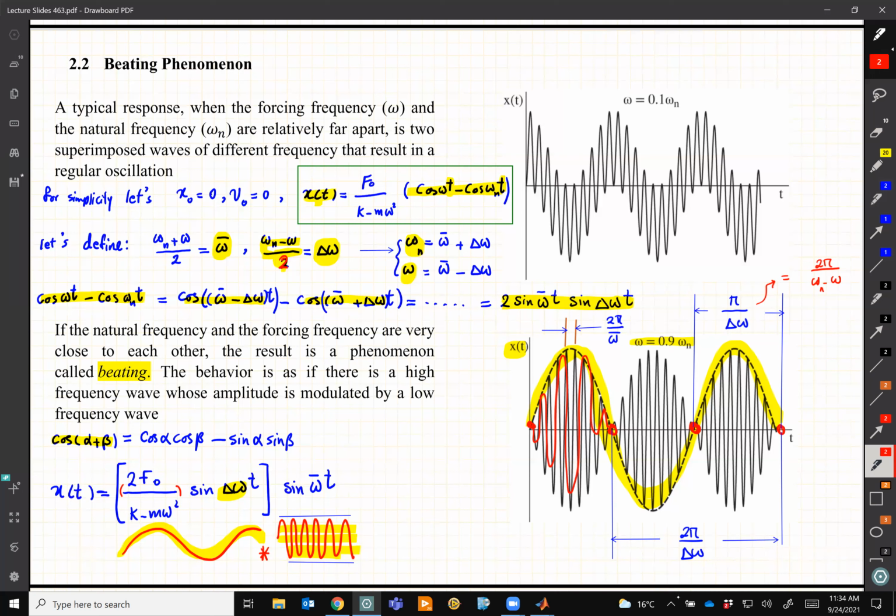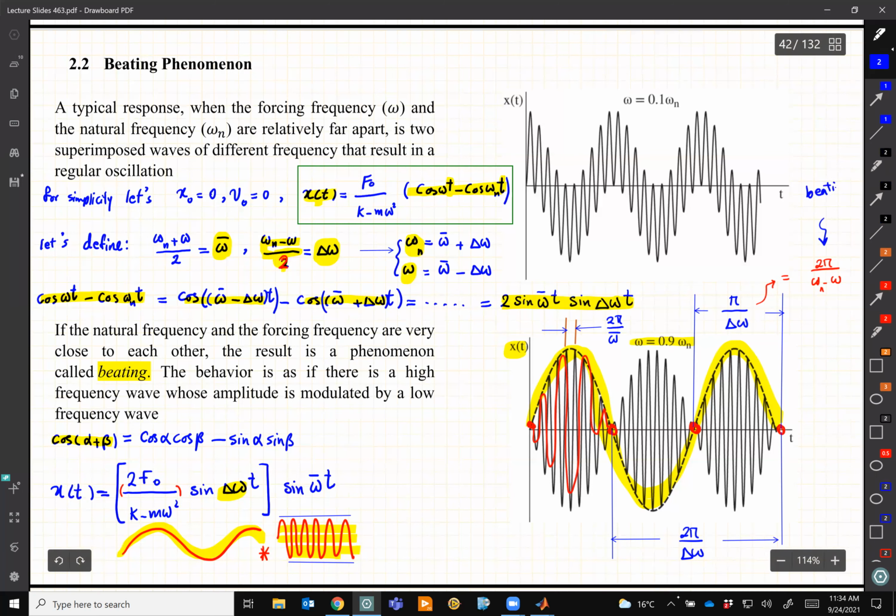And this is what people call the beating frequency, because it's a beating between 0 and another 0. It goes up, gets to 0. So that time is called the beating frequency. And if you notice outside, or sometimes in a machine, it happens. And you're going to see more examples of this beating.